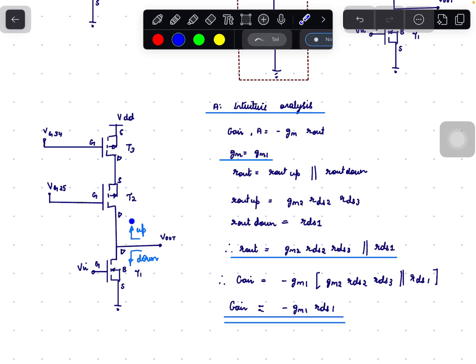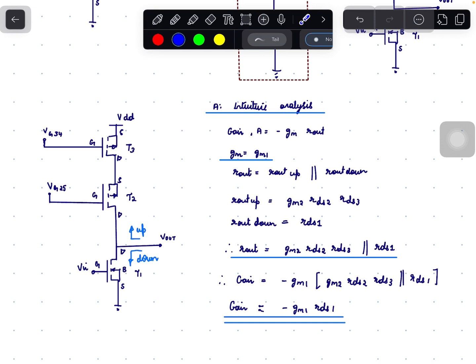So R out up can be written as RDS3 into Gm2 RDS2. The effective R out will be R out down parallel to R out up, which is equal to RDS1 parallel to RDS3 Gm2 RDS2.